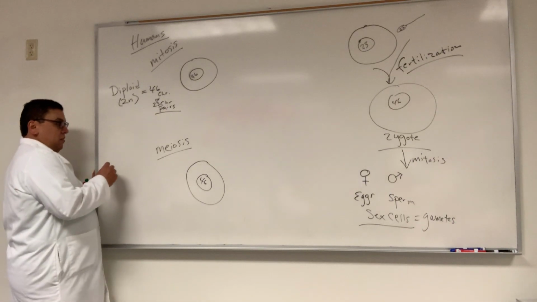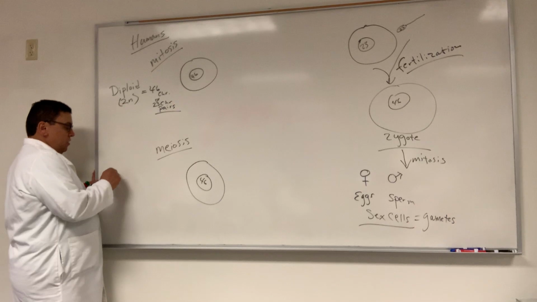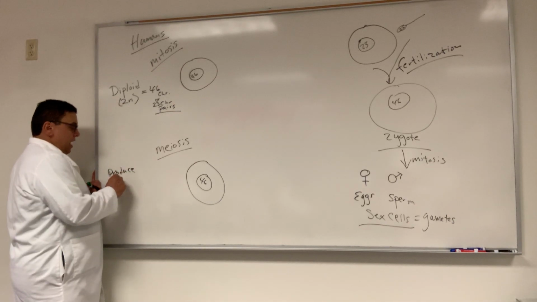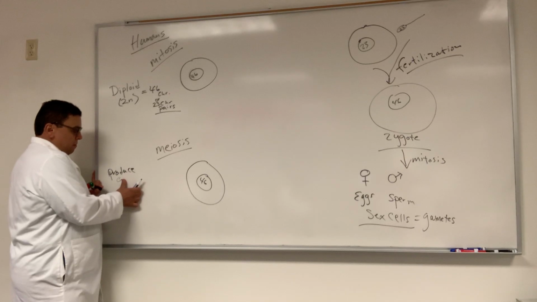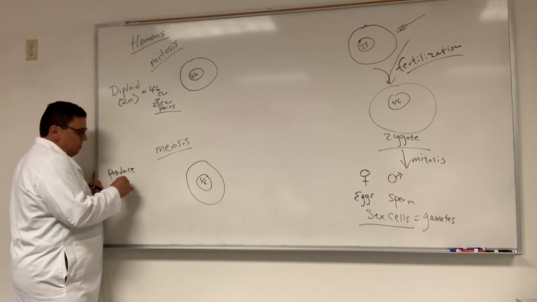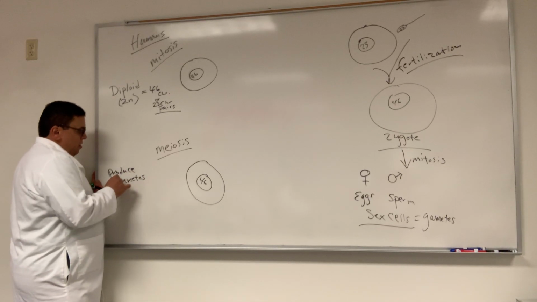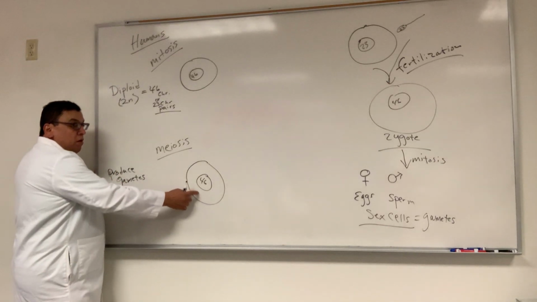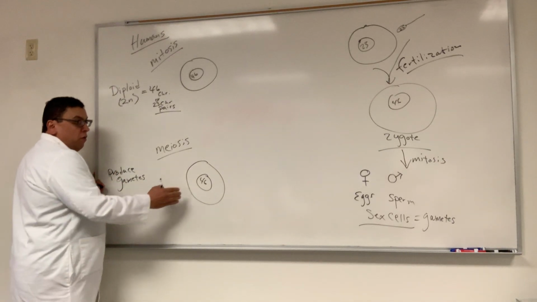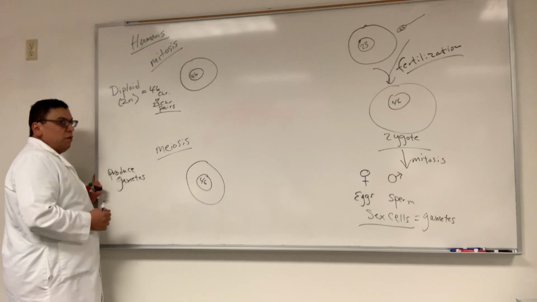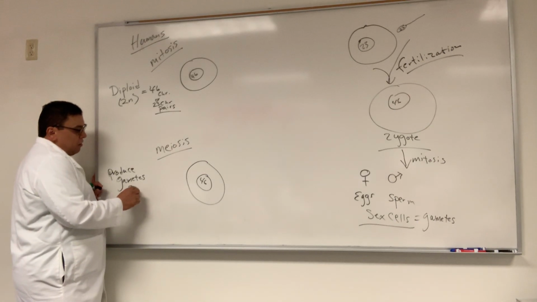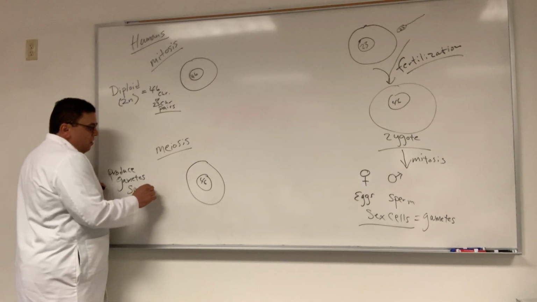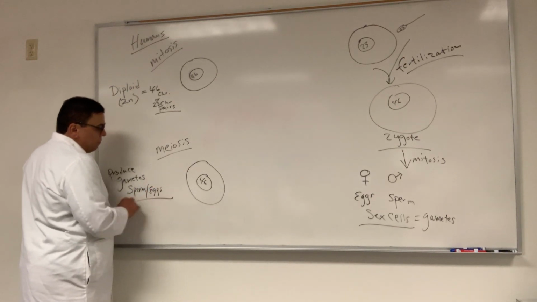So meiosis will produce the gametes. But they are produced from this cell. So a stem cell is going to be used to make the gametes. And again, that would be either sperm for men, eggs for women.